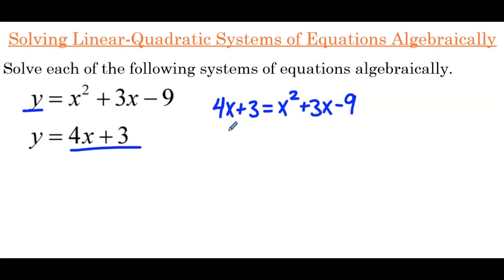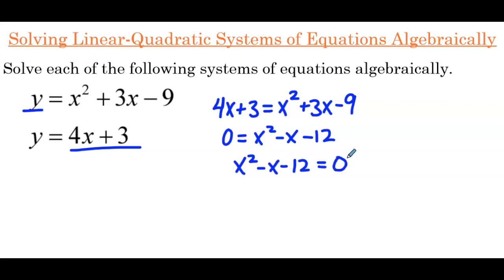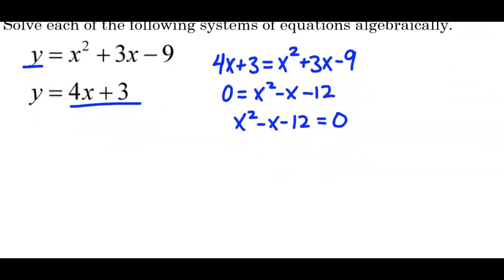We can move everything to one side so that the equation's equal to 0. Subtracting 4x would give us minus x, subtracting 3 gives us negative 12. I'm going to rewrite that as x squared minus x minus 12 equals 0, so it looks more familiar.